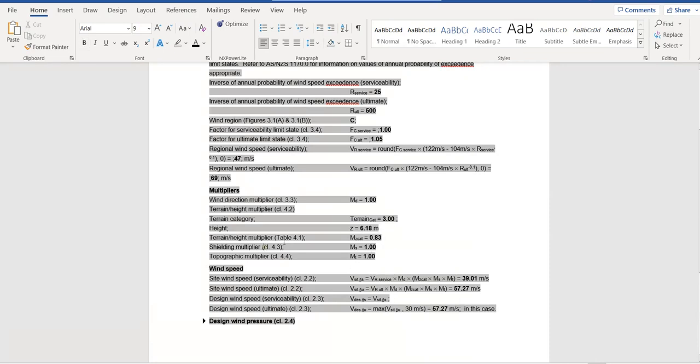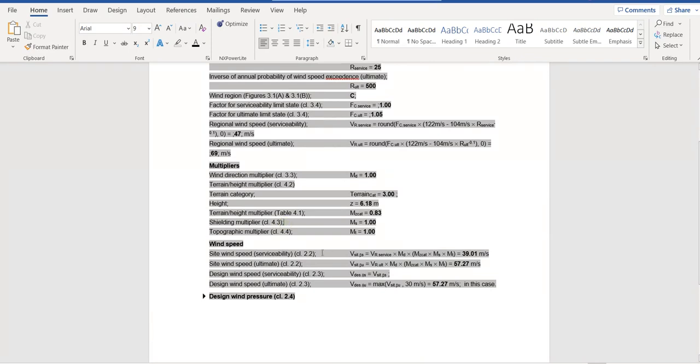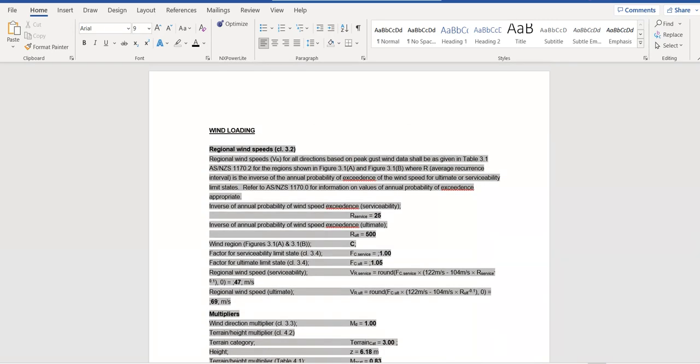The shielding multiplier MS is clause 4.3 and the topographic multiplier is clause 4.4. For these two values, I will use the default value of 1. Combining all these values together, remember what we got so far is our regional wind speed.